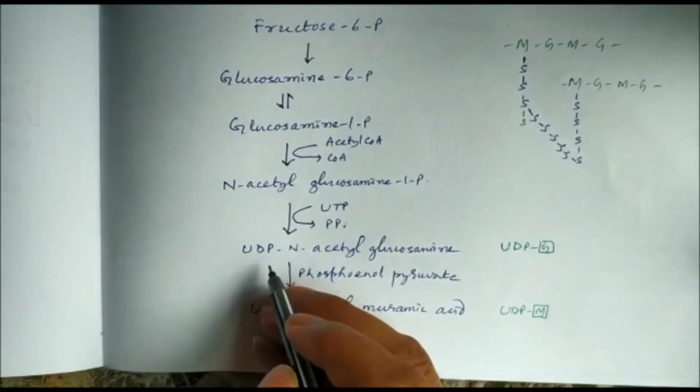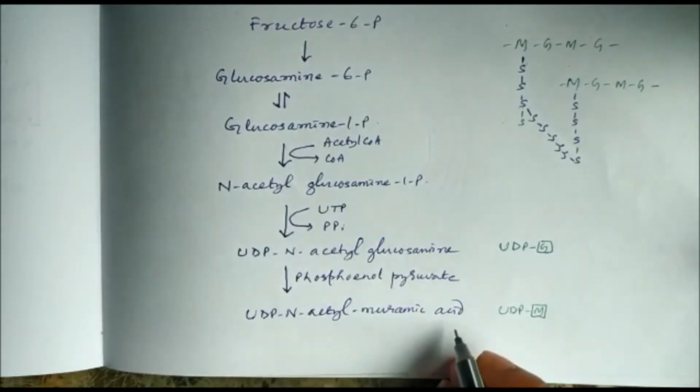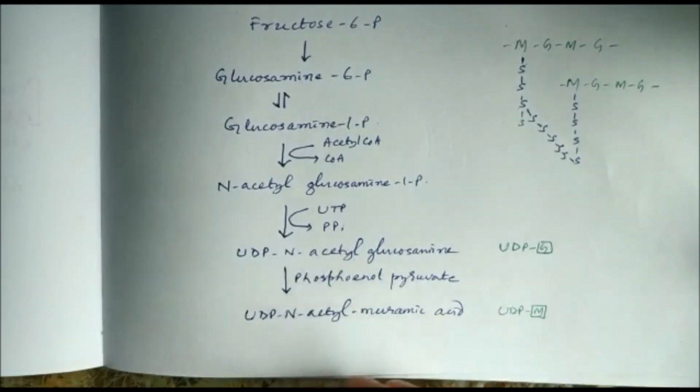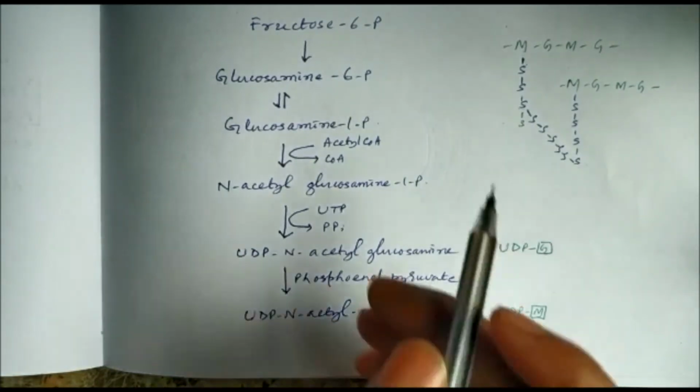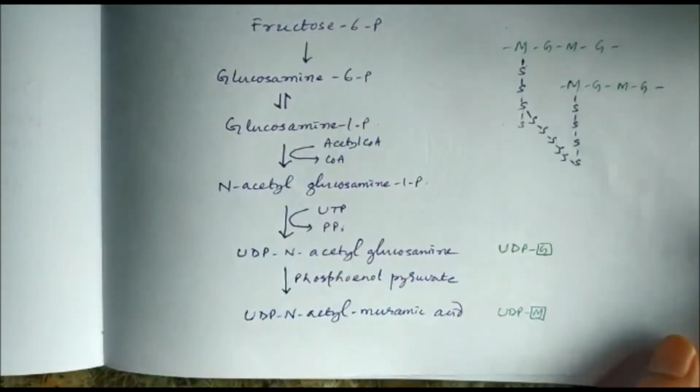Uridine diphosphate N-acetyl glucosamine and uridine diphosphate N-acetyl muramic acid are synthesized from the starting material fructose 6 phosphate.